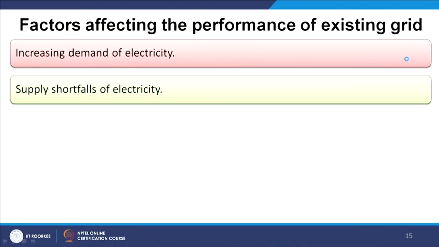Supply shortfall of electricity means there is an energy gap between what we produce and what we are expected to deliver. The two do not match exactly, and perhaps the energy production is slightly less than the energy expected during peak hours.